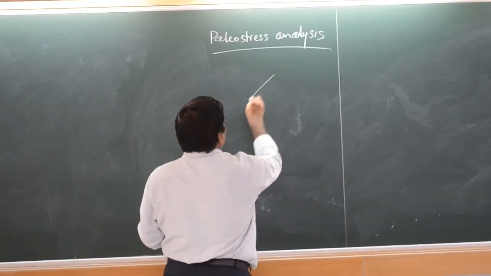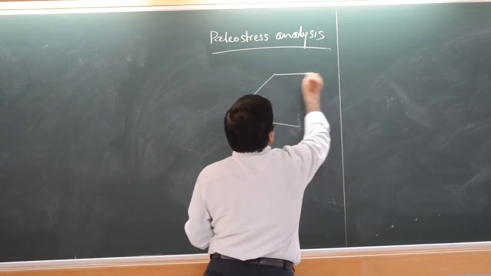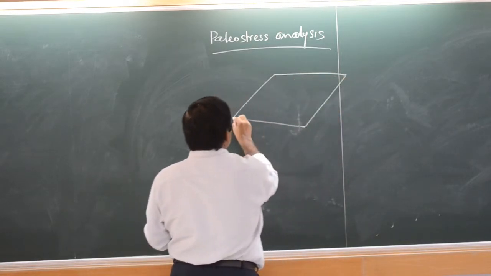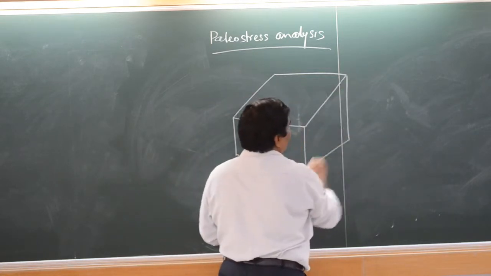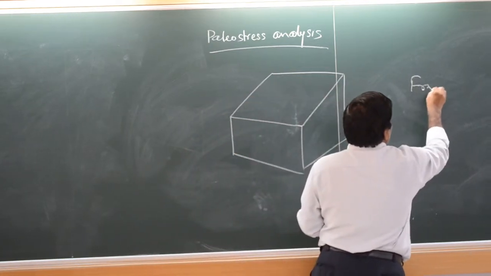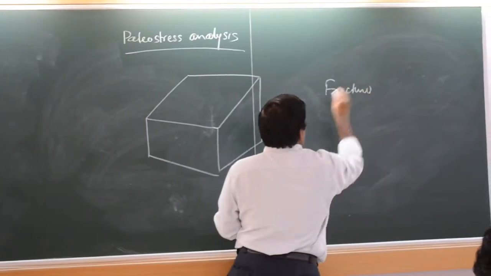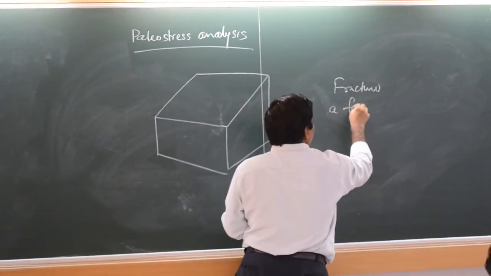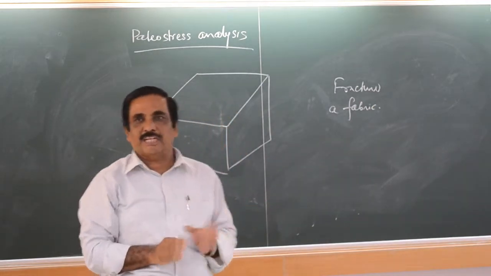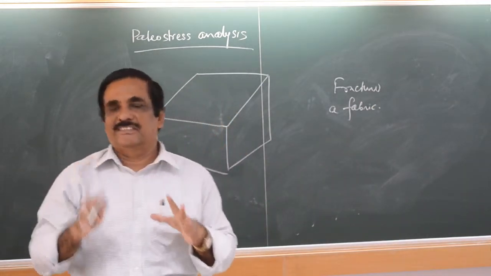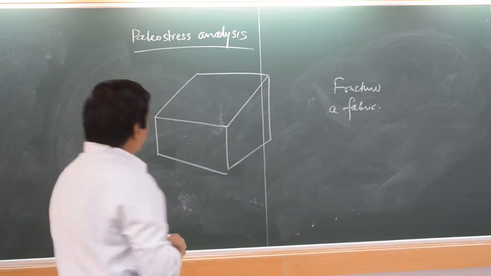Suppose you have a rock which is already fractured, you see, that means it has a fabric. It is already fractured, so it is a rock having a fabric. Fabric, you understand, a fracture, foliation, something. Orientation.